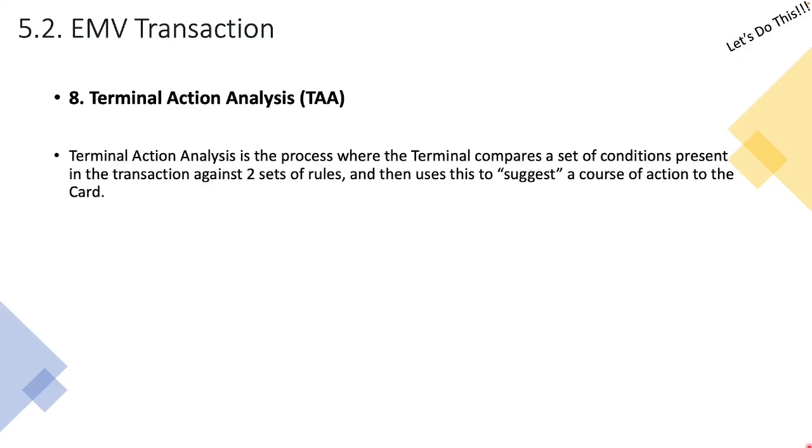analysis. So what is terminal action analysis, or TAA? This is a process where the terminal compares a set of conditions present in the transaction against two sets of rules. Based on the outcome of this comparison, it then suggests a course of action to the card. Remember, the card is queen, which means the card is the final decision maker in an EMV transaction.